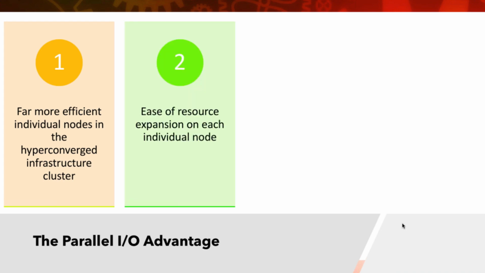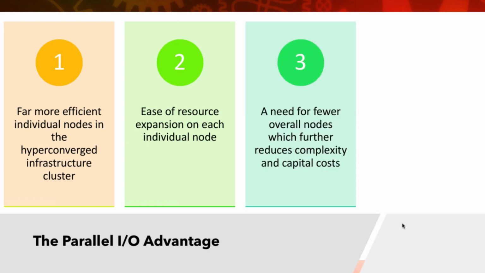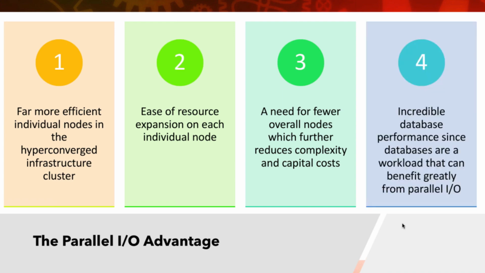We also get the ease of resource expansion on each individual node. That means we eliminate this issue of linear scale that is both a blessing and a curse. We can still scale linearly where workloads demand it, but we have the ability to scale resources on demand in each individual node as our workload needs dictate. And the result of all of this is a need for fewer overall nodes, because we can grow the nodes, and because we're using parallel I/O, we're also going to reduce complexity and our capital costs at the same time.